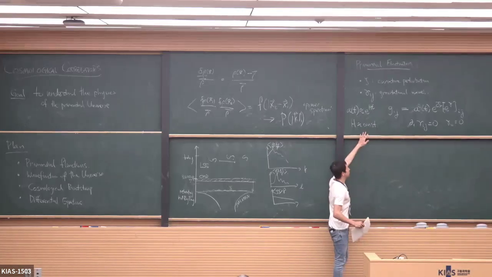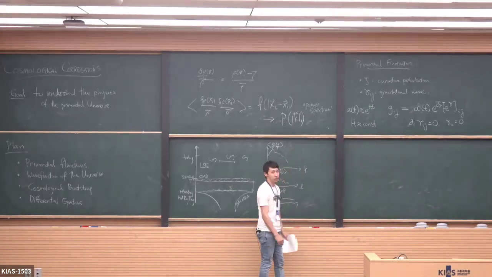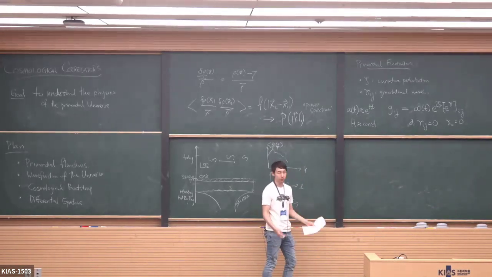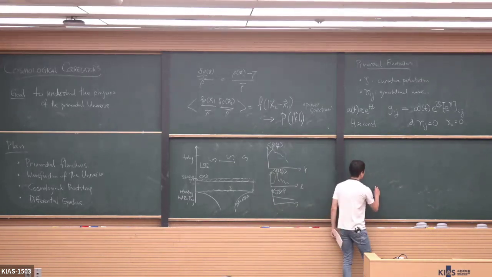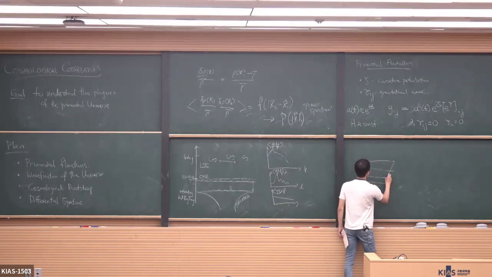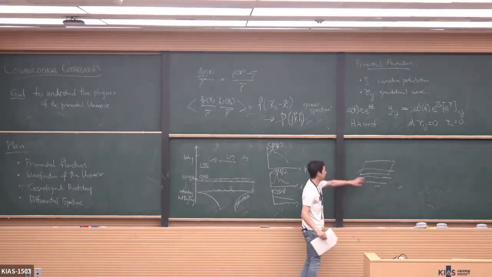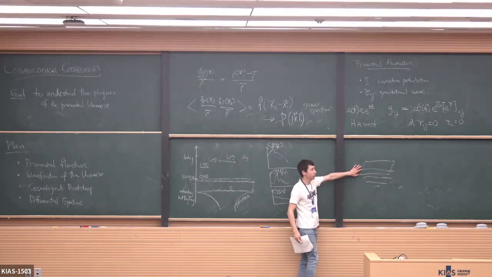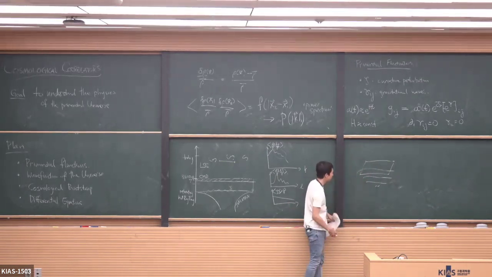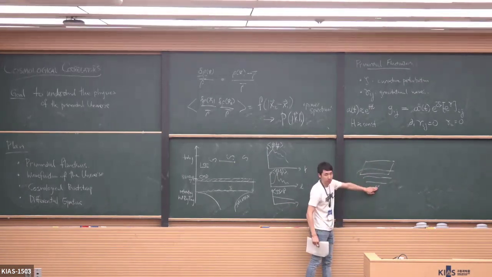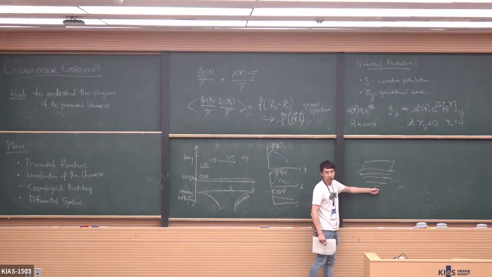So it turns out that these two degrees of freedom are generated quantum mechanically during inflation. If you draw some picture, here I've drawn the reheating surface in 2D. Starting from some tiny quantum fluctuations, because of the expansion of spacetime, the physical wavelength of this perturbation grows as a function of time.